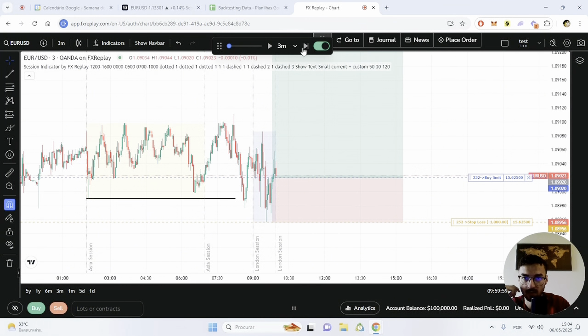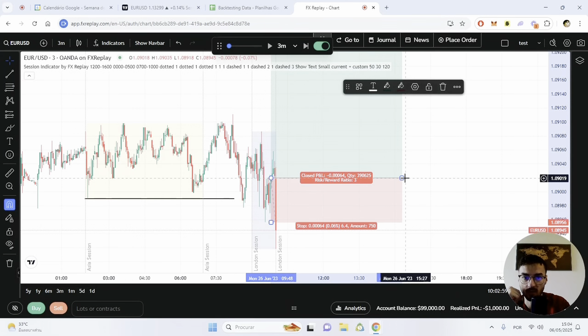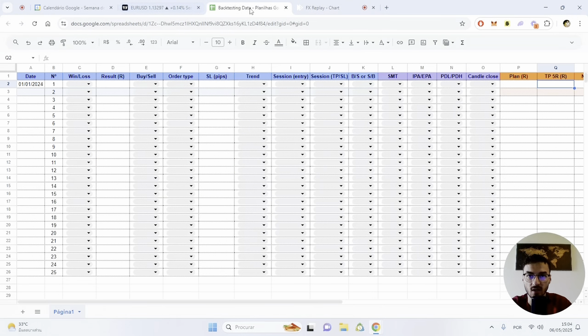Let's see how this goes. Okay, it's a stop loss. So right here, we put our first trade. Don't mind the data. It was a loss. -1. I don't know why this is in dollars though. -1.